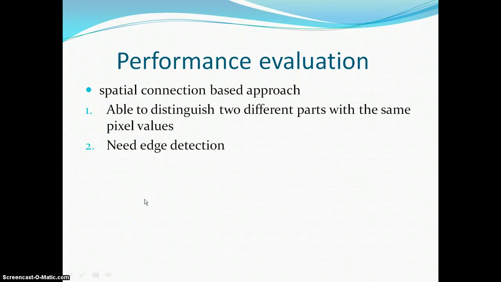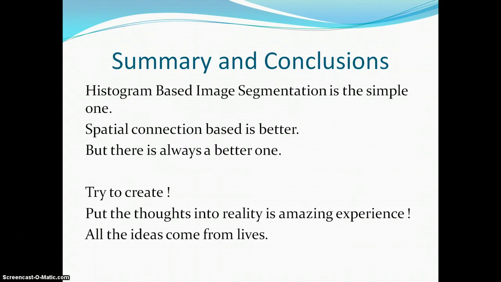And for the performance evaluation, the spatial connection-based approach is able to distinguish two different parts with similar pixel values. But it also needs edge detection to achieve automatic segmentation.